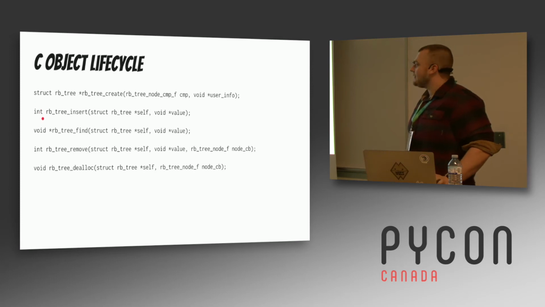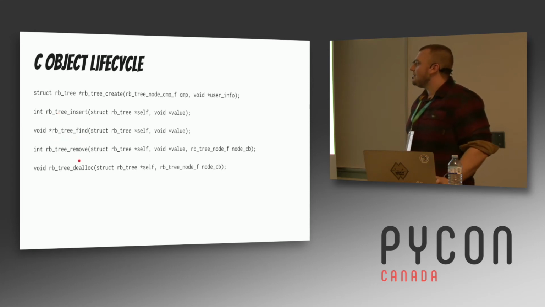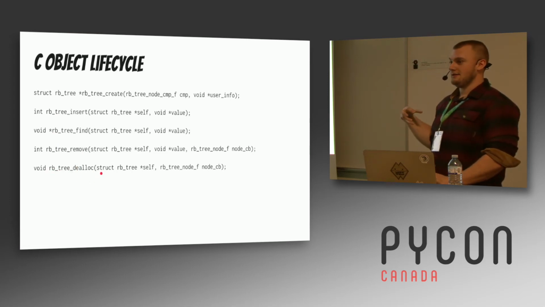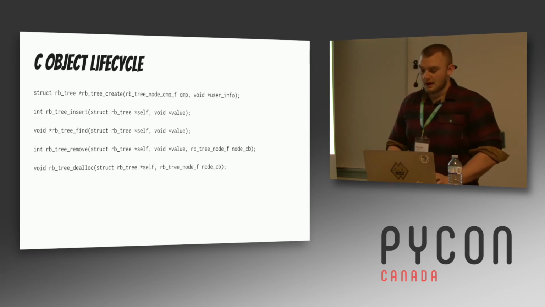Then functions that operate on that. For example, here we have something that inserts things in the tree, and something that finds things in the tree. And then finally at the end, there'll be some kind of deallocation function that takes the tree and frees up the memory that it was using.